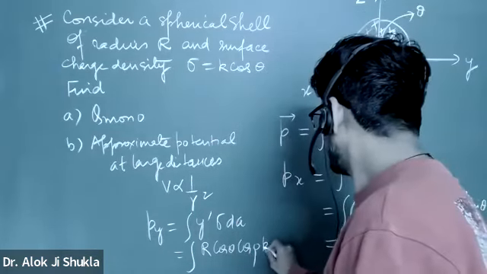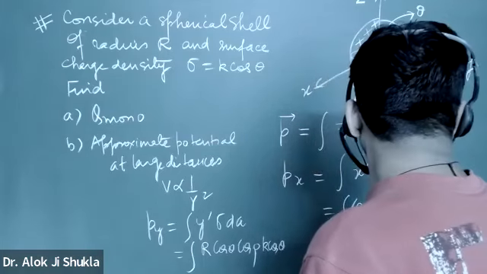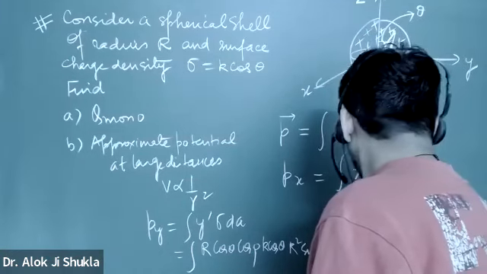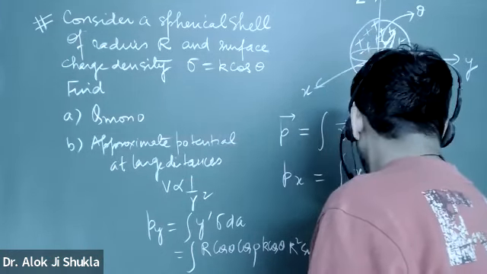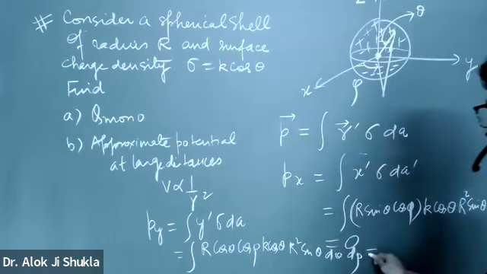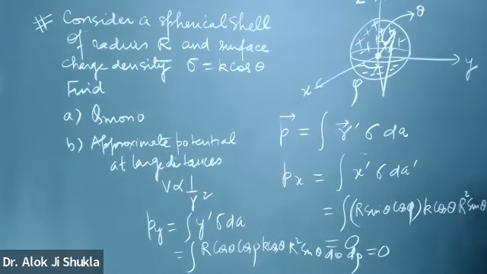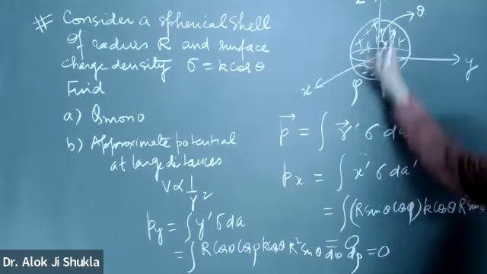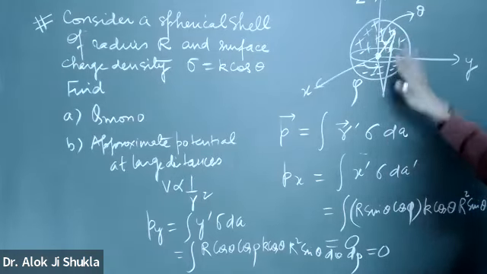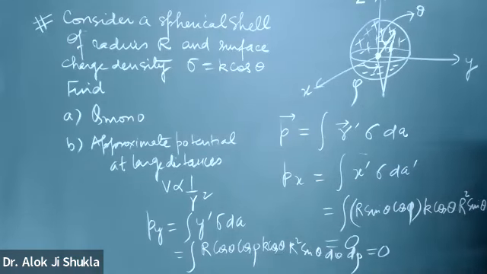And then again k cos theta, and then again r square sin theta d theta d phi. Again you see, because of this sin phi, this will become 0. Are you getting it, everybody? So as I predicted, there will be a dipole moment in z cap direction. I had predicted that already. You remember that? So that's why you see the x and y components are finished. Now the final component is pz.